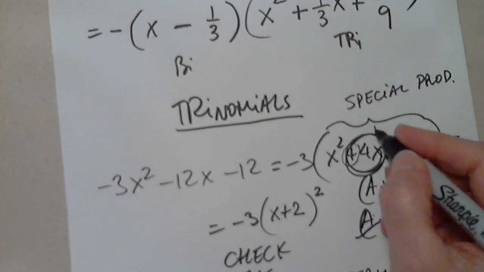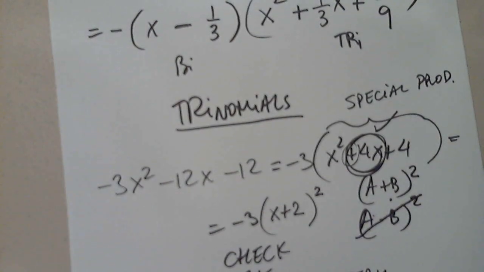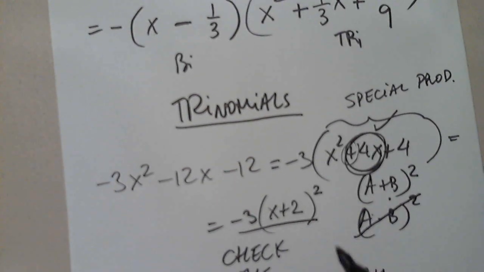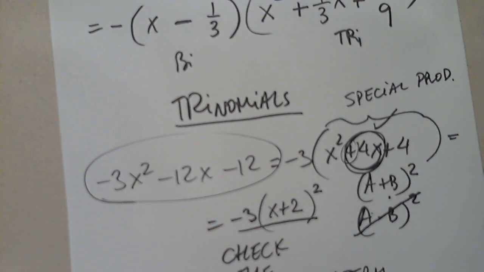Oh yeah, okay. It's 4x. 2 times the first times the second is 4x. So this is the correct factor form of this. Now let's see what happens if a special product doesn't work. So now let's choose from here.